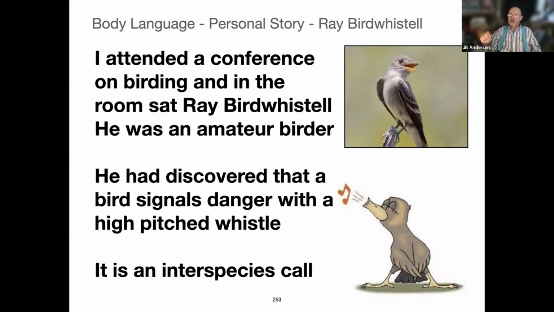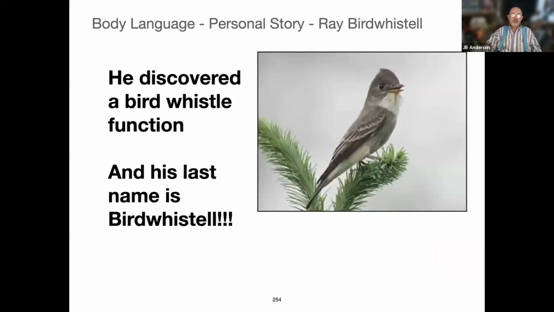And every bird species makes it, and it means danger. So you're warning all the other birds, not just your species of birds. He's the guy that discovered that this high-toned whistle is an interspecies call, meaning danger. He discovered a bird whistle, and his last name is Birdwhistle.